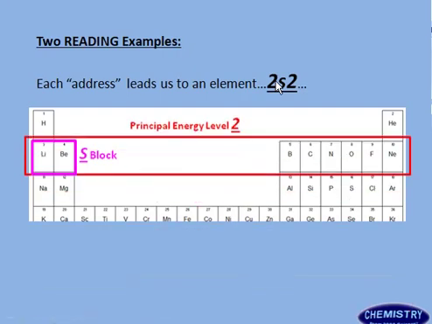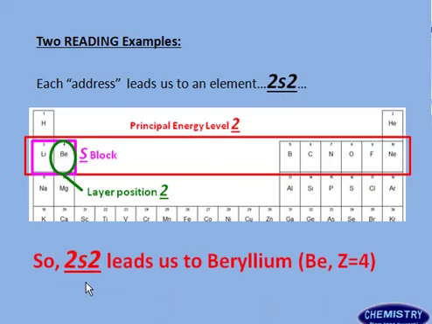It is principal energy level 2. So I already kind of zeroed in on principal energy level 2. And it is position 2. So position 1, position 2. So principal energy level 2, S block, position 2 leads us to beryllium, and only beryllium. Again, beryllium in its ground state.